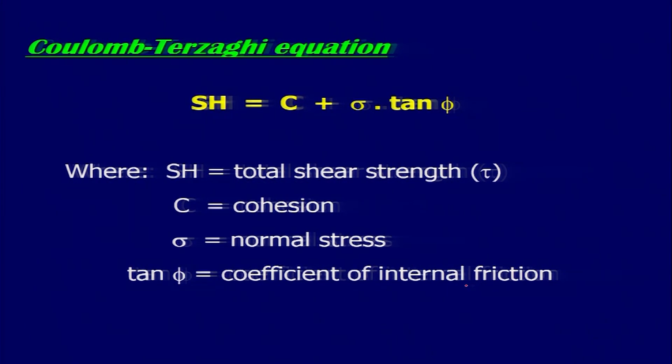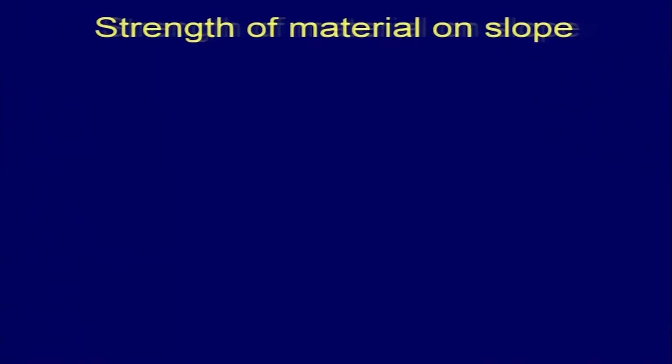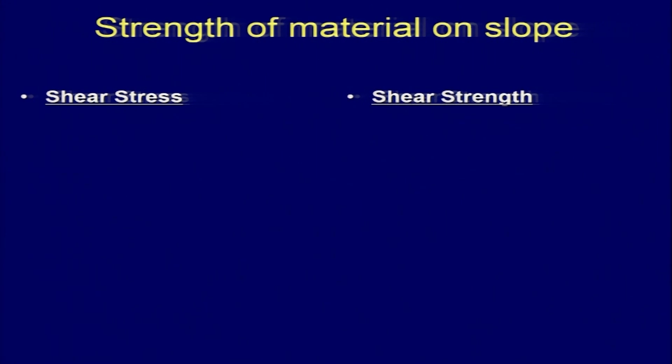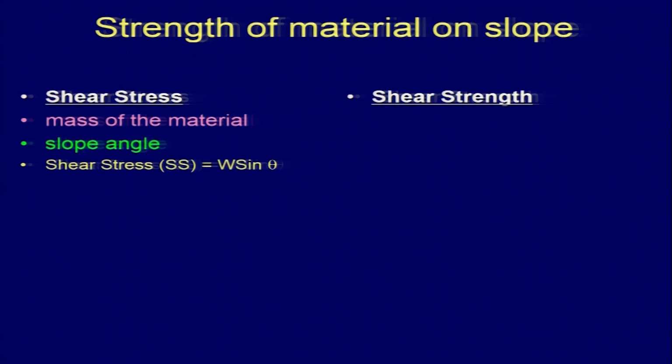And the shear strength of the material on slope, if you take, suppose you are having the shear stress and shear strength, then mass of the material needs to be taken into consideration, slope angle, shear stress, that is your W sin theta, where W is your mass and gravity, Newton per kg.